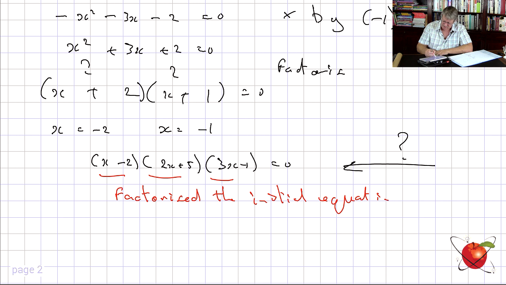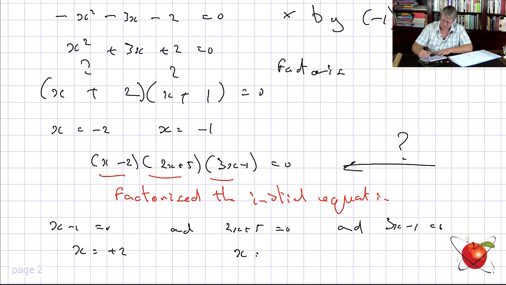We say, if that times that times that must be 0, therefore x minus 2 must be equal to 0, and 2x plus 5 must be equal to 0, and 3x minus 1 must be equal to 0, and then x is going to be equal to 2, x is going to be equal to minus 5 over 2, and x here is going to be 1 over 3.